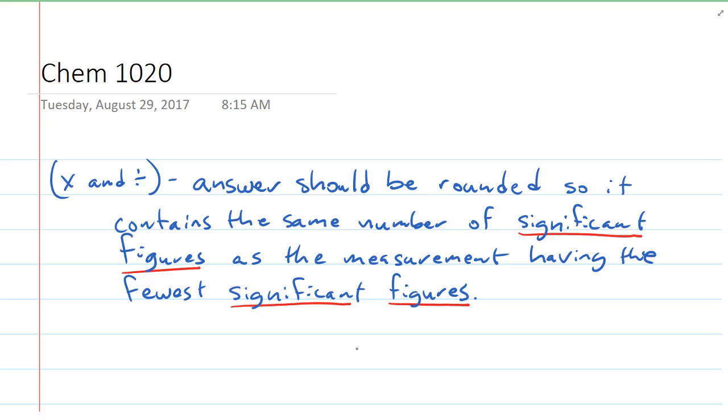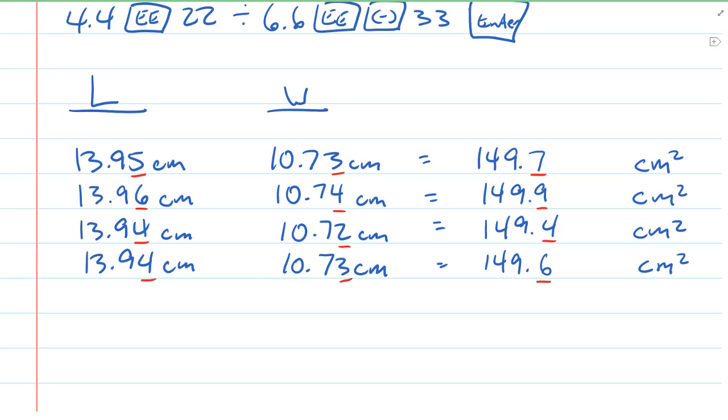And so coming back to our measurements that we just looked at, if we count significant figures, this measurement had 4, this one has 4, the fewest of 4 and 4 is 4, which means the answer should have 4 significant figures. If, for example, let's say it wasn't 13.94 but 13.9, then this measurement would have had 3 significant figures.